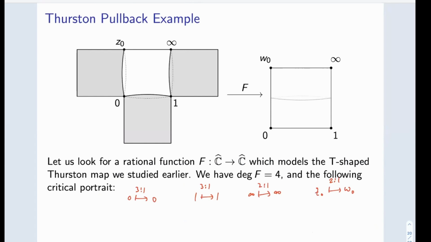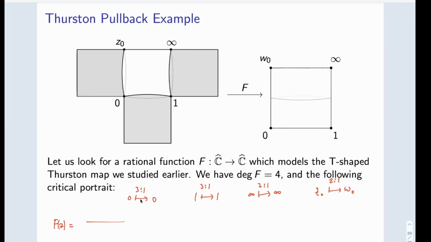So for example, the fact that infinity gets mapped to infinity with degree 2 tells me that the degree of my numerator must exceed the degree of my denominator by exactly 2. So we'll have some quotient of 2 polynomials. I want a degree 4 polynomial on the top and a degree 2 polynomial on the bottom.